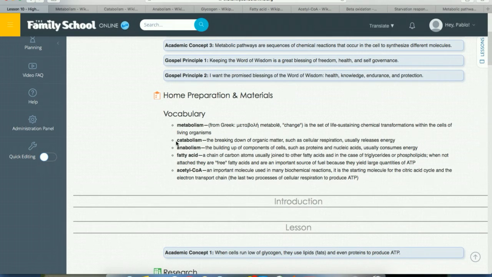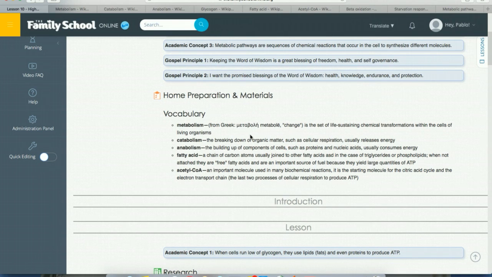Then we see catabolism and anabolism. Catabolism, the breaking down of organic matter, such as cellular respiration, usually releases energy. Anabolism, the building up of components of cells, such as proteins and nucleic acids, usually consumes energy.